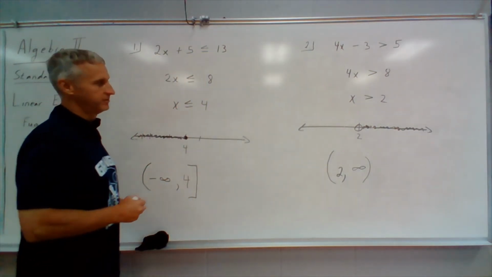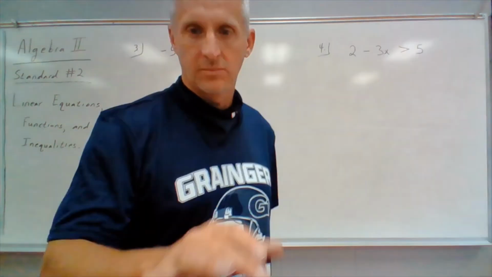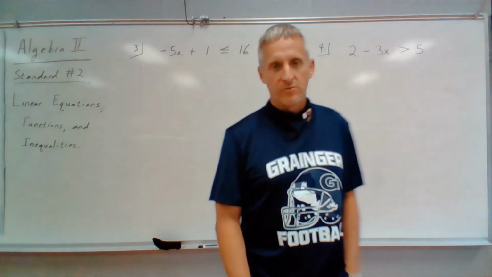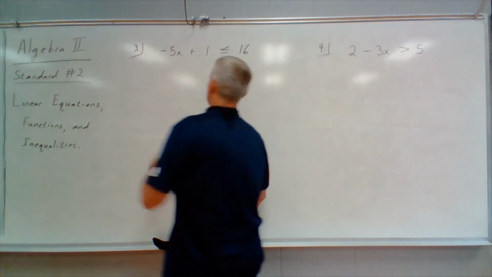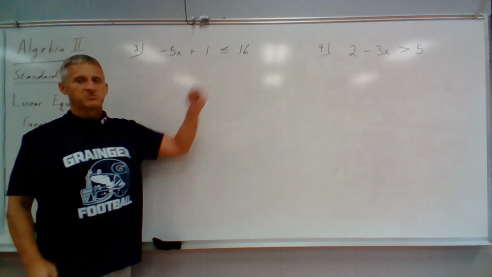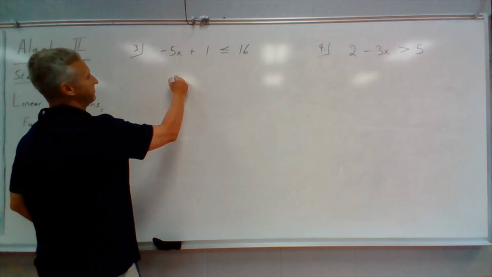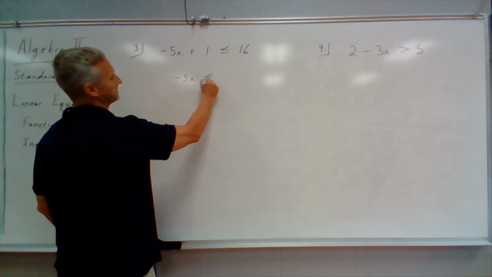All right, let's try a couple more examples here. So let's solve this inequality. So the first thing I'm going to do is subtract 1 from both sides. I'm allowed to do that. That'll leave me with negative 5x less than or equal to 15. Right, now I need to divide both sides by negative 5.